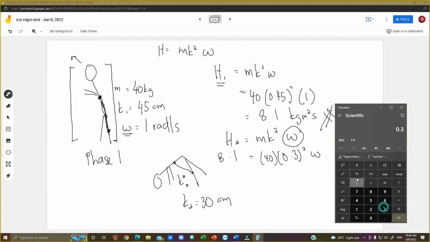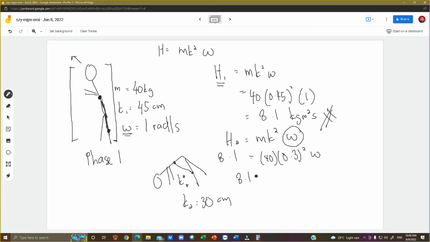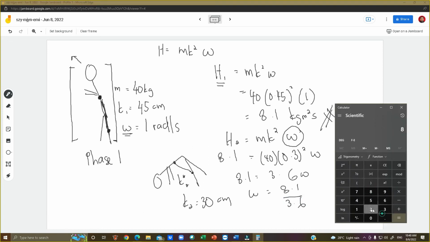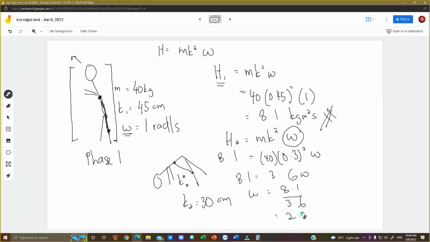So 0.3 squared times 40, we have 3.6. So 8.1 equals 3.6 omega, where the omega is going to be 8.1 divided by 3.6. We have 2.25 radian per second.